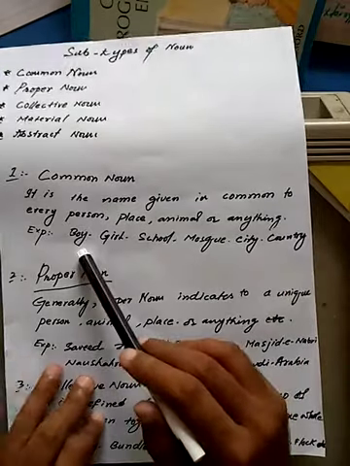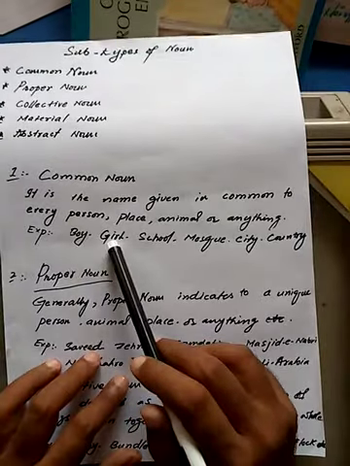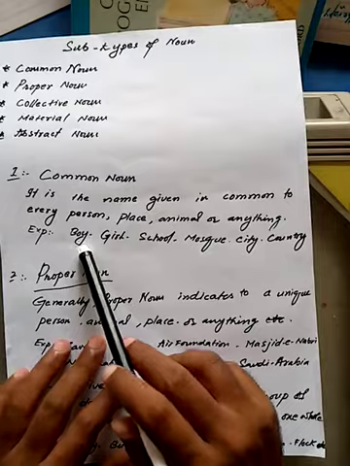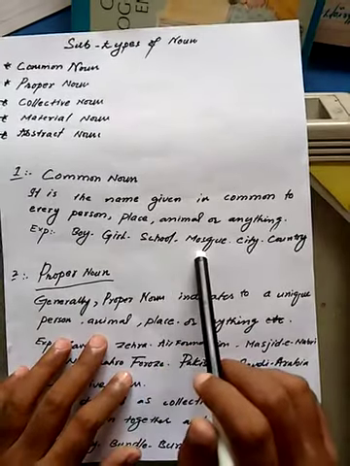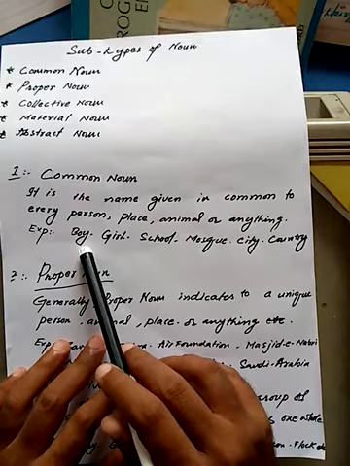And some examples to help you understand and define this type of noun are boy, girl, school, mosque, city, country. So number 1 example is boy.